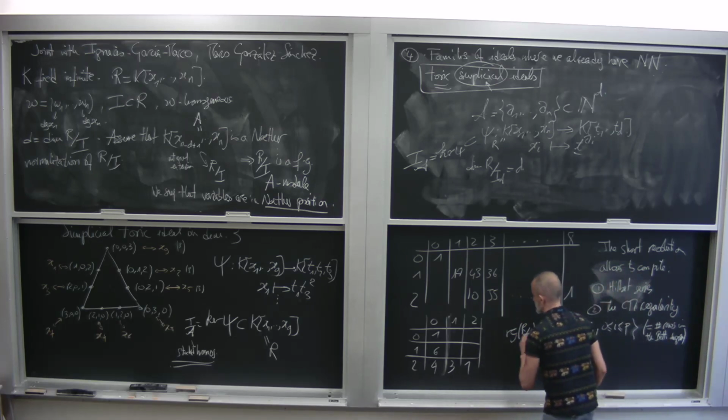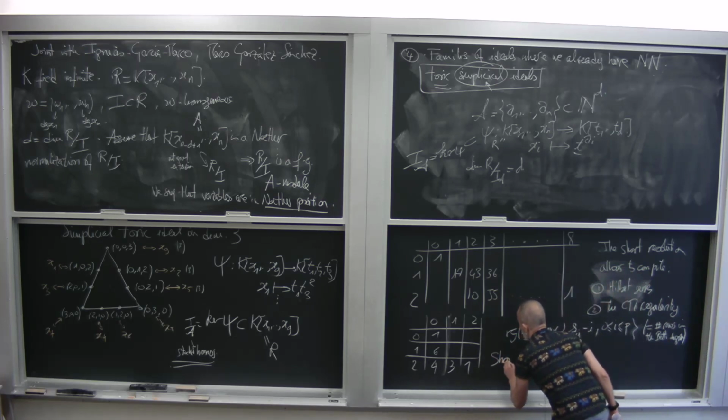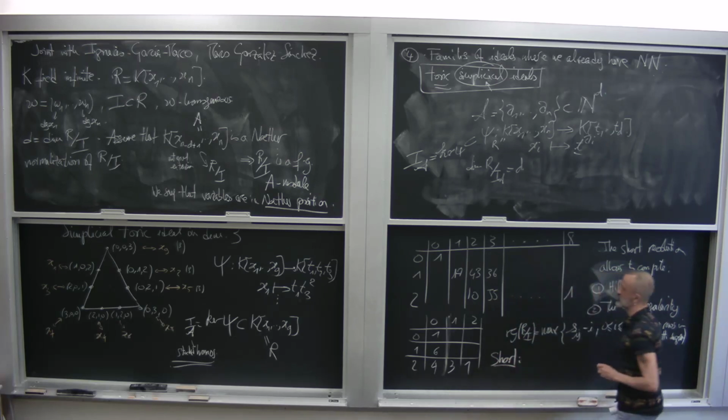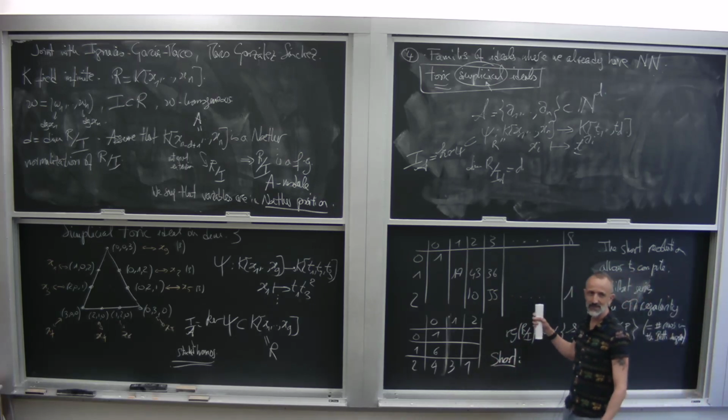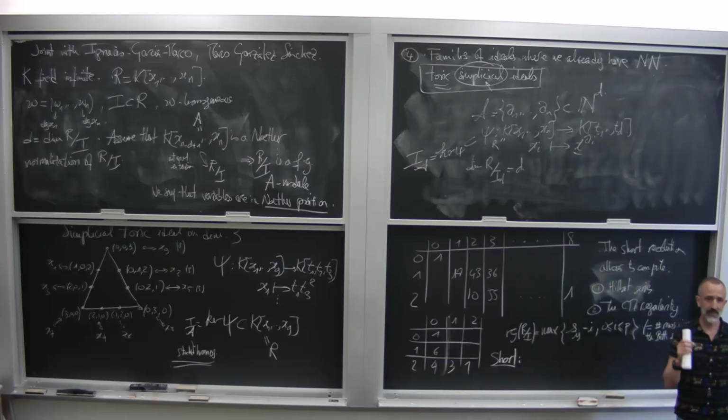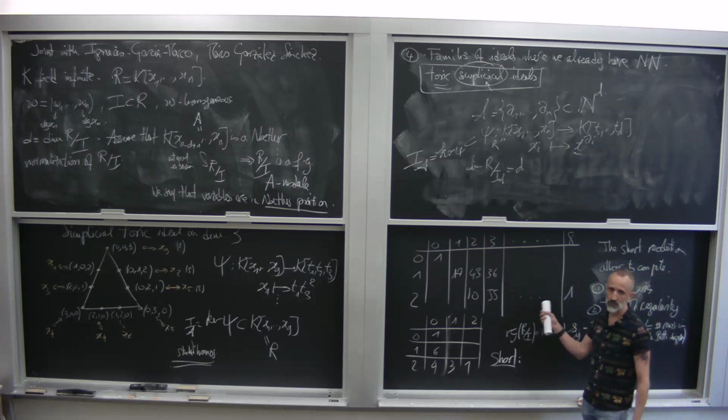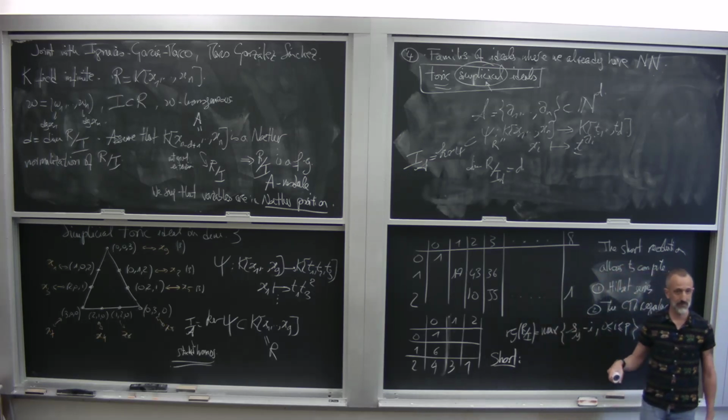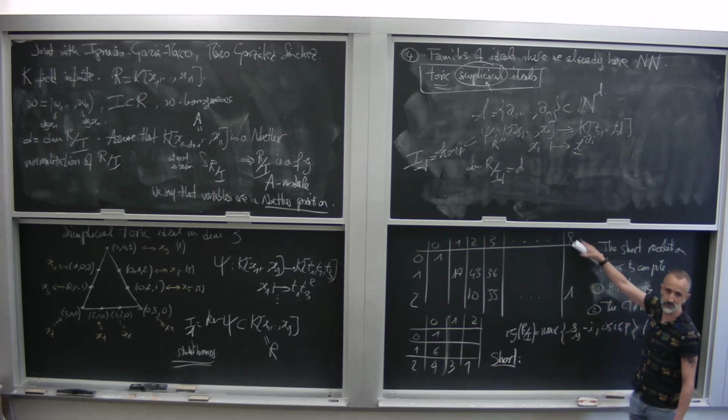And why is it short? To be very precise, there's another thing that I can compute that does not depend, which is the depth. The depth of R over I does not depend on whether I consider R over I as an R module or as an A module. And the depth is related to the projective dimension by the Auslander-Buchsbaum formula.